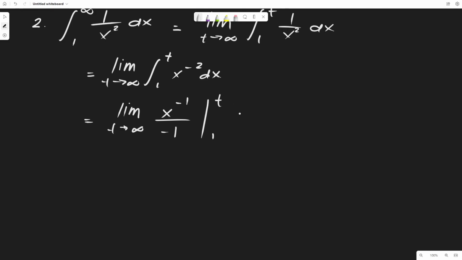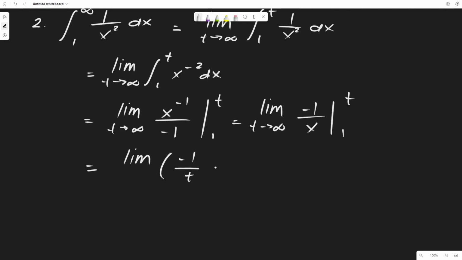Tapos, i-rewrite ko lang para mas maayos, of negative 1 over x from 1 to t as t approaches infinity. Okay? So, we have the limit of 1 over negative t minus negative 1 over 1. Diba? Which is essentially 1.